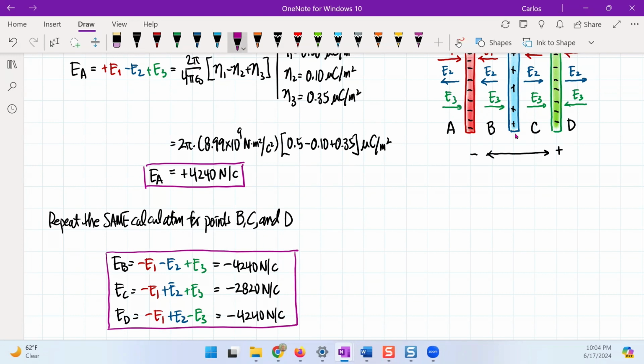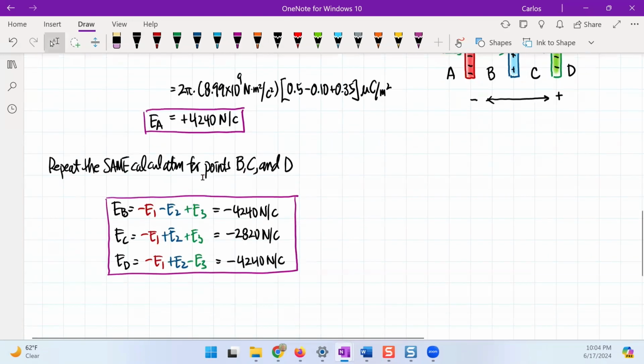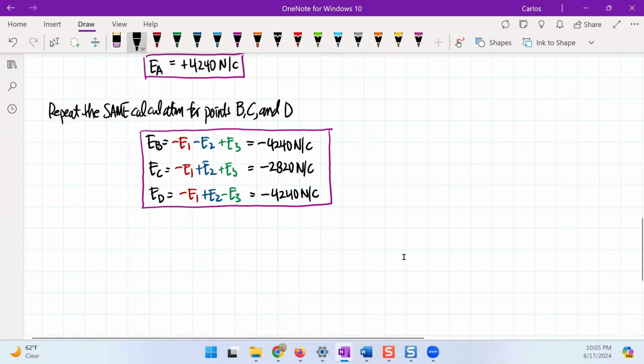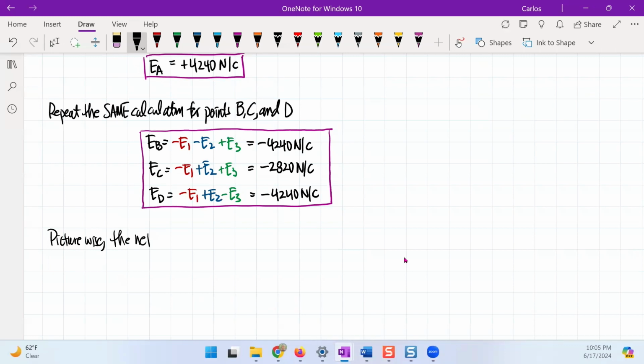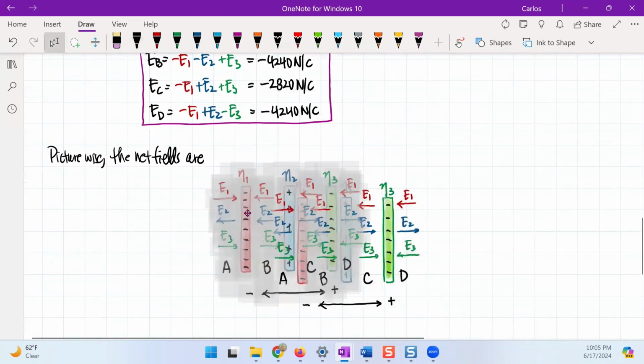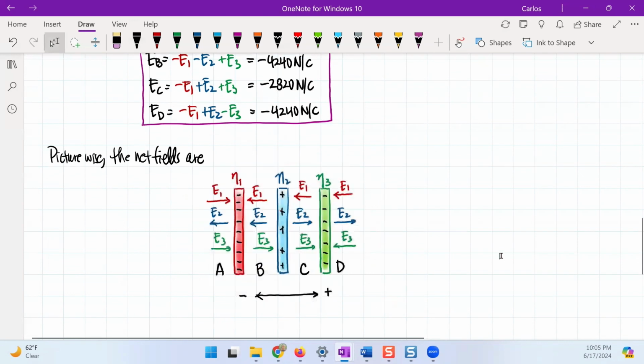So now, if I modify the sketch that we have, I could say that picture-wise, the net fields are, using these values, going to look like this. Now I just have to modify these, so I'm going to take all of these out.